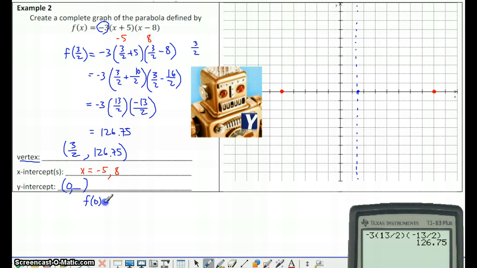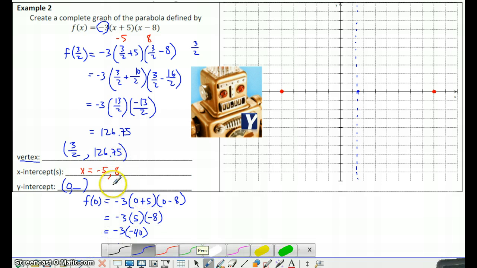So f of 0 is -3 times (0 plus 5) times (0 minus 8), which will give you -3 times 5 times -8. -3 times 5 is -15, times -8 gives me +120. So my y-intercept is (0, 120).